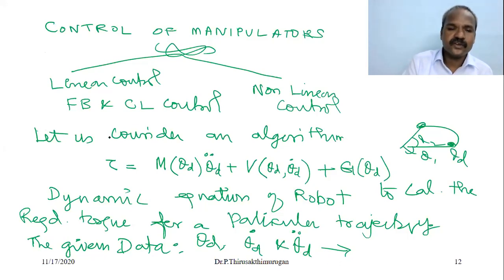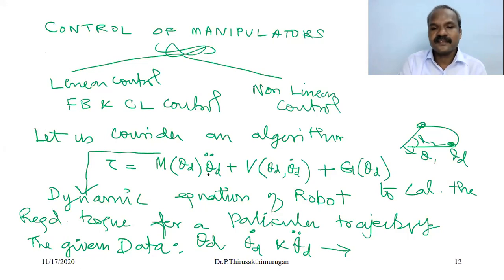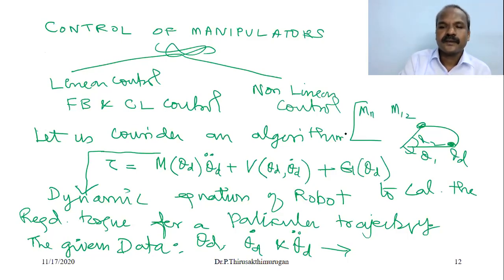Using this relation, which is the robot dynamic equation, we can generate the torques. So what is M? You recall the previous lectures. M is an n by n matrix. For an RR robot, it is M11, M12, M21, M22.